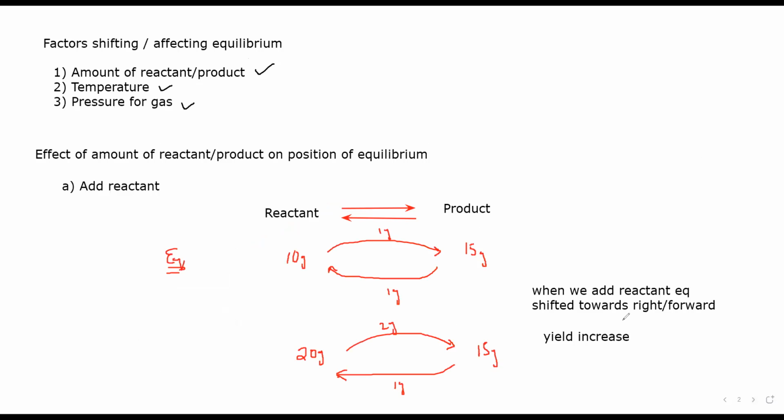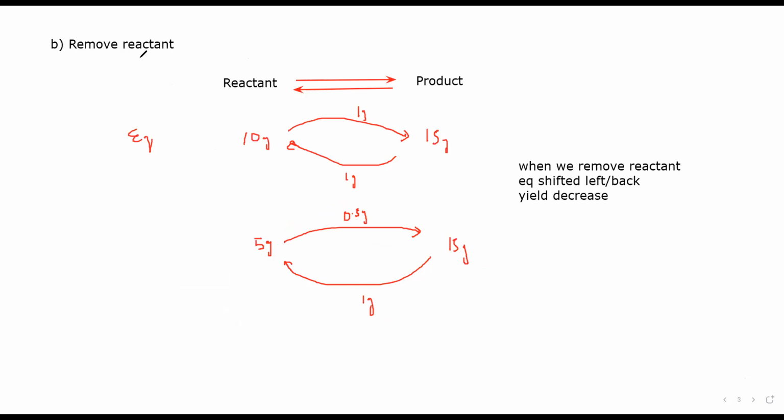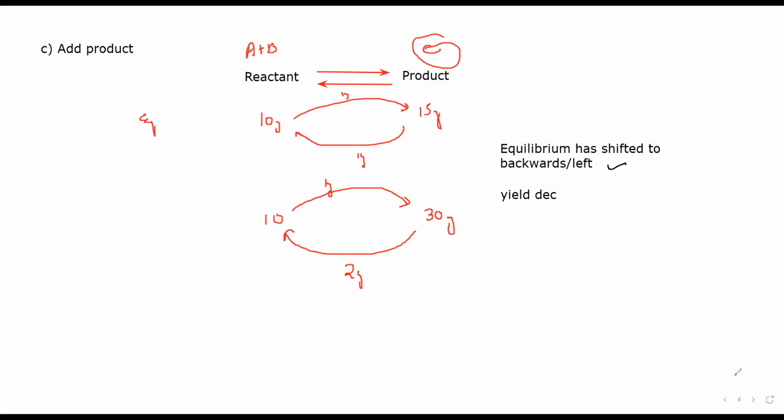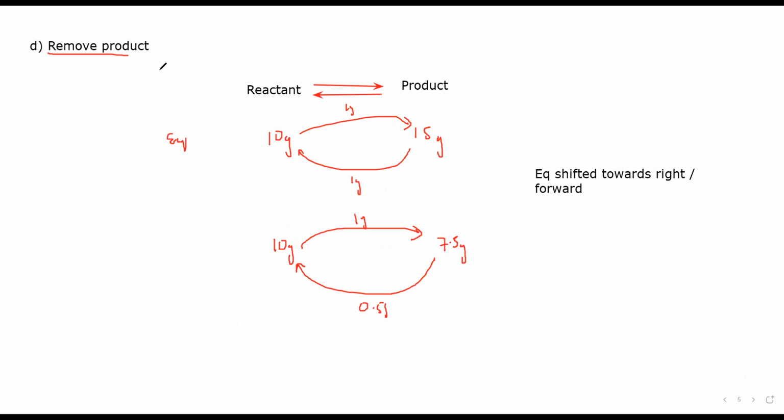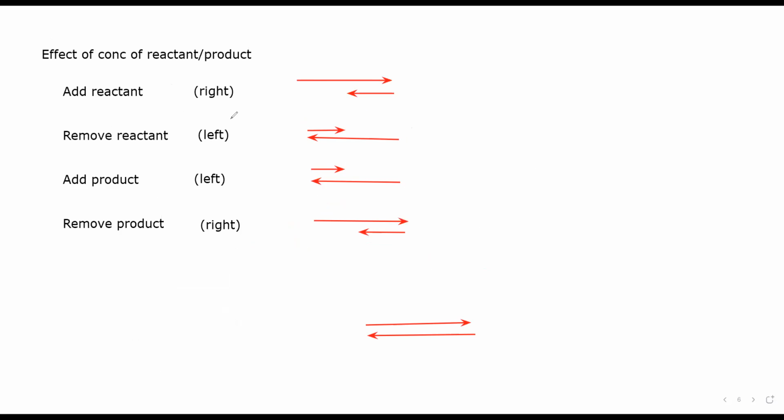If we add reactant, equilibrium will shift towards the right-hand side. If we remove reactant, it will shift towards the left-hand side. If we add a product, it will shift towards the left-hand side. If we remove product, it will shift towards the right-hand side. So this is how we represent right, left, left, right for changing the amount of reactant or product.